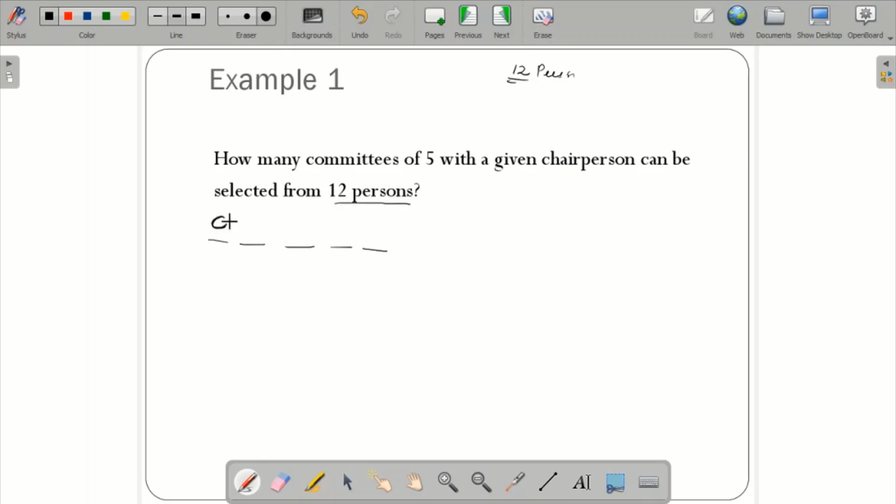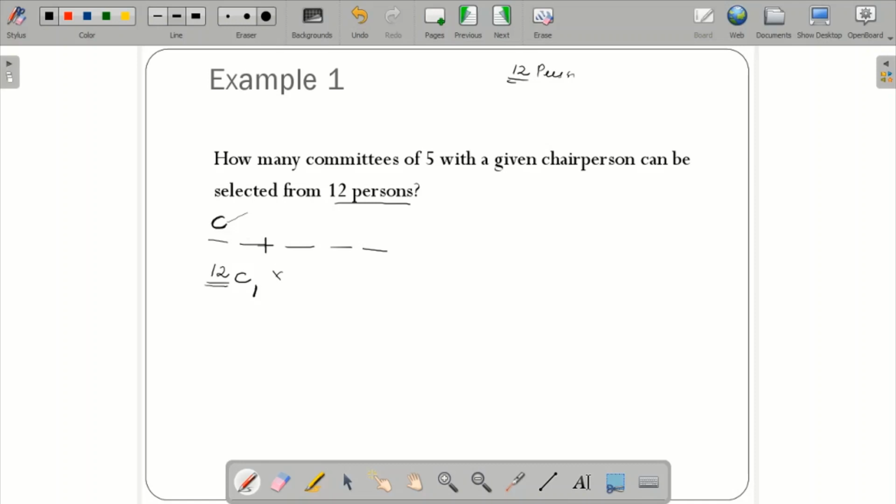So how can I choose one particular chairperson? It can be from 12 persons, right? Out of that 12, how many chairpersons do I need to choose? 1. So 12C1 for the chairperson, that means one chairperson I'm choosing from 12 persons. Since it is happening simultaneously, the remaining should be normal committee members. One is a chairperson, the remaining are committee members.